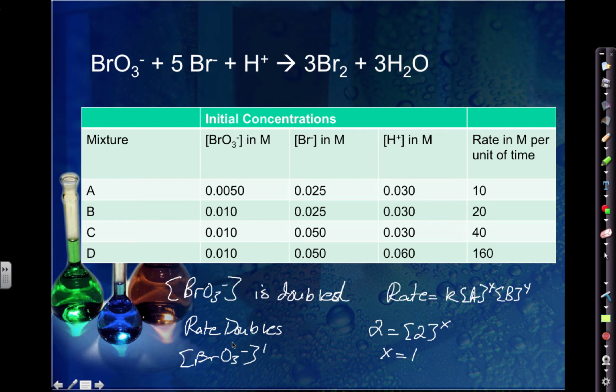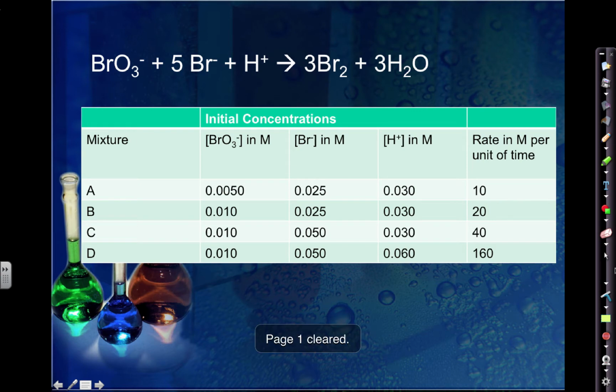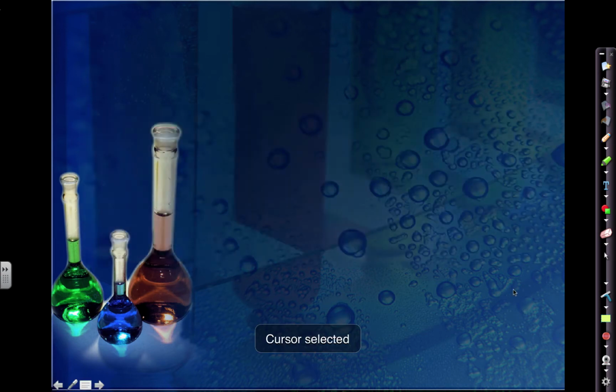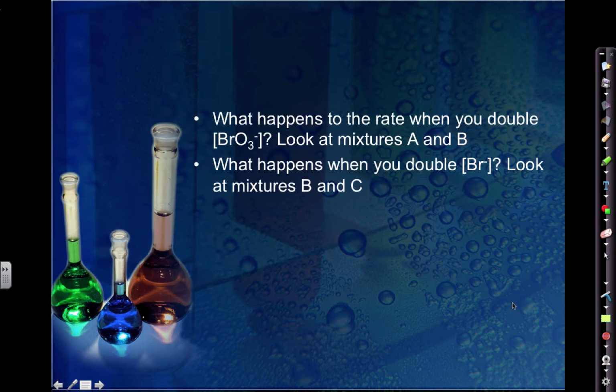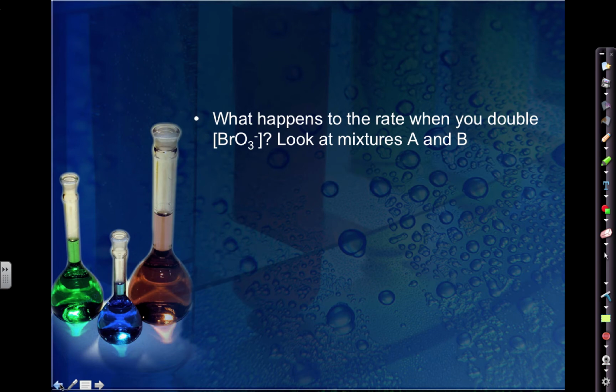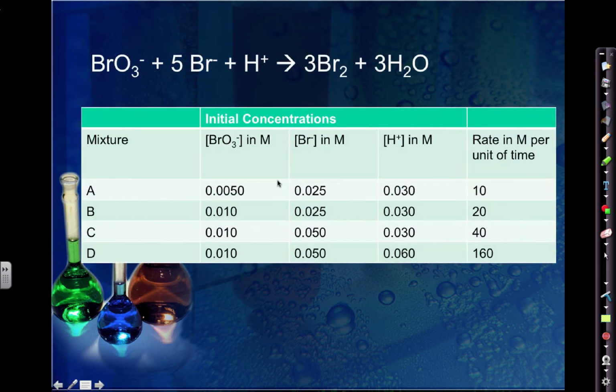All right, so now let's look at Br minus. I want to know what order that is. Let's look at doubling Br minus. Usually when they take the concentrations, they just double them. It's the easiest thing to do.